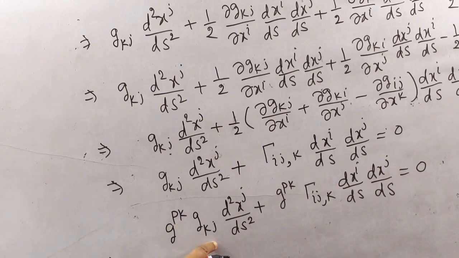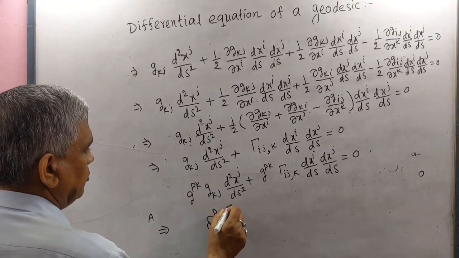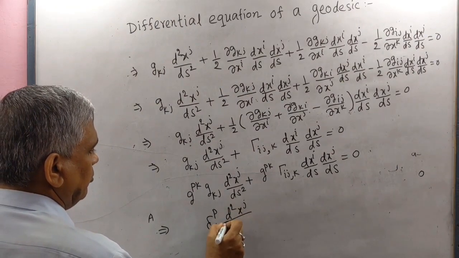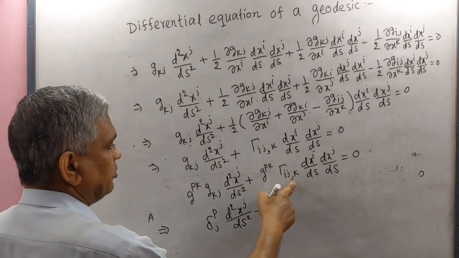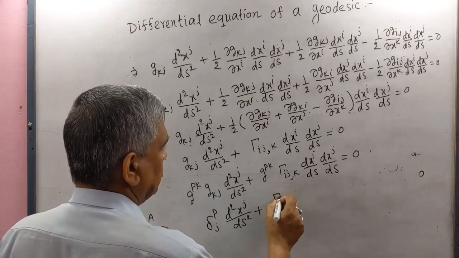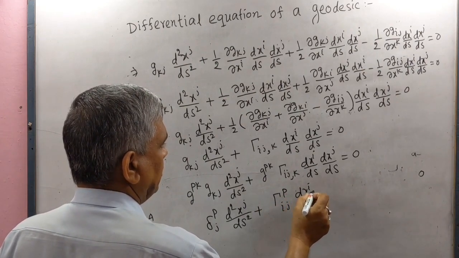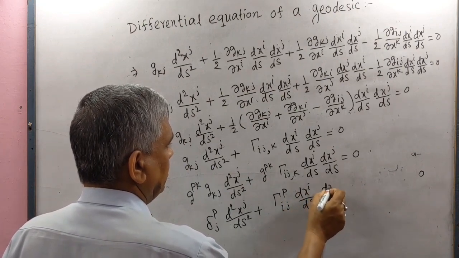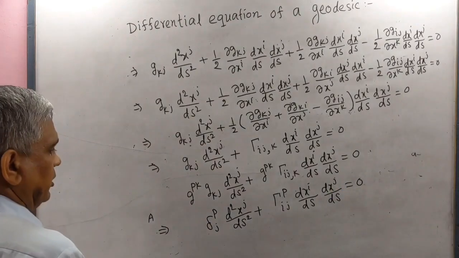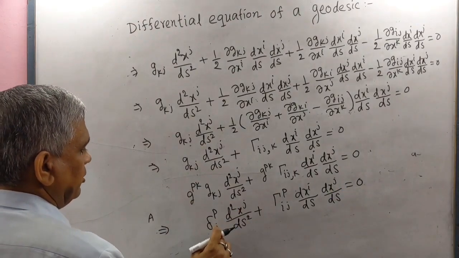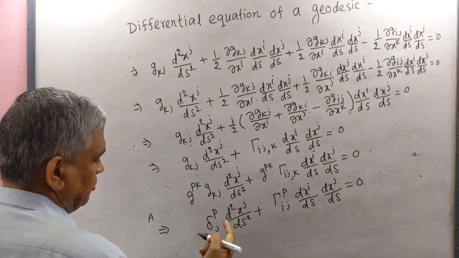Here we get Kronecker delta pj d2xj by ds square plus here Christoffel symbol of first kind, so [pij]... Here j is the dummy suffix, j equal to 1, 2, and when j equal to p then 1, otherwise 0.